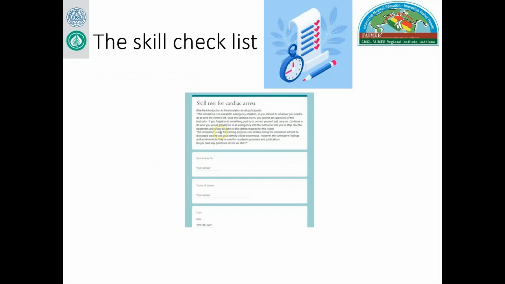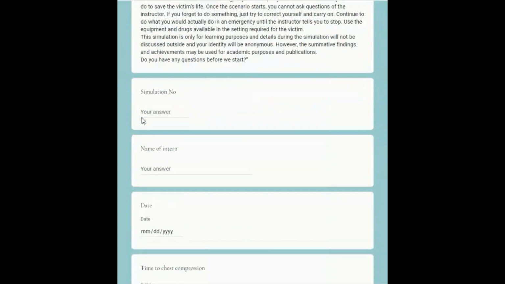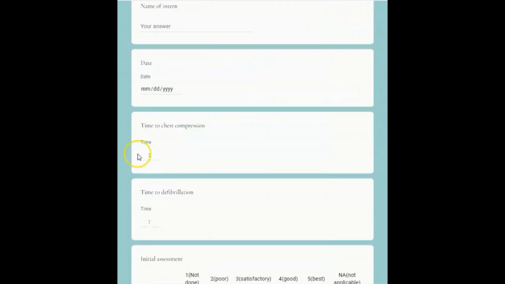Then the checklist, which is very important. As you can see, this checklist was prepared in Google Form. Initially, there was a brief statement for the faculties to brief. Then the faculties had to note the time to compression and time to defibrillation.